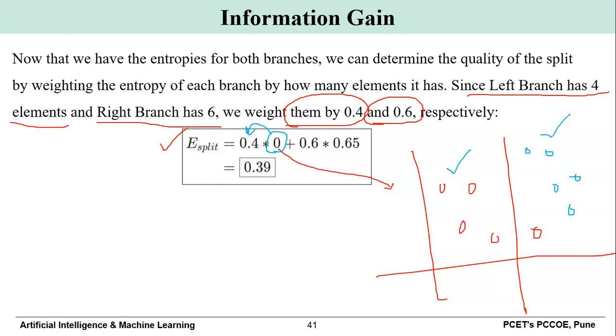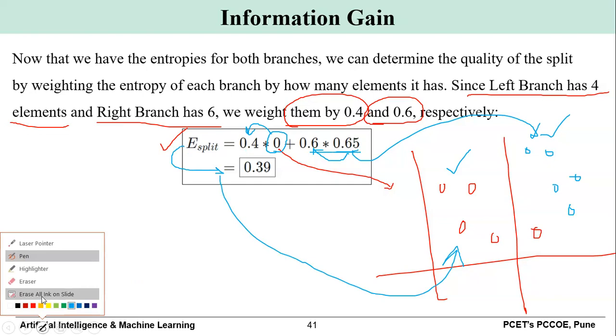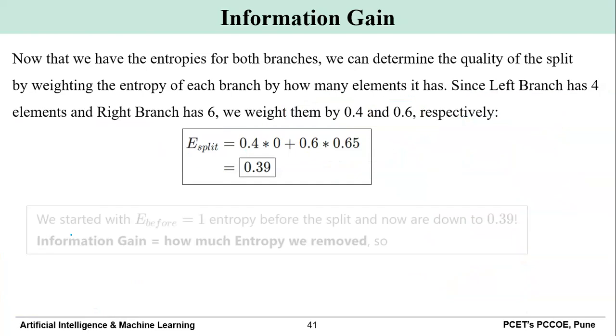Whereas on the right branch the entropy is 0.65 and as there are 6 data points the weight is 0.6. Multiplying those and upon simplification, you will get the entropy for the split data set as 0.39. So this is how you can calculate the value of entropy.